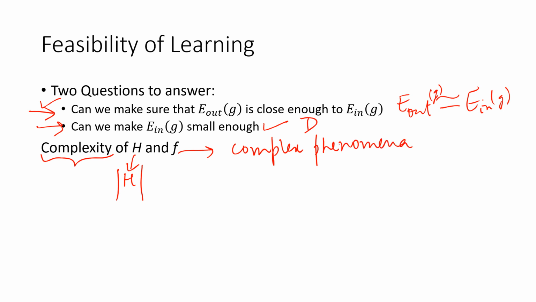Going forward, we'll talk more about it. But before we jump into anything else, let's look into what the complexity of H means versus what the complexity of F means, and how Hoeffding's inequality is impacted by that, because we are essentially trying to answer this question. Then we'll see how the complexity impacts my E in.